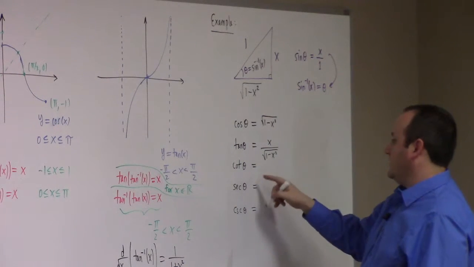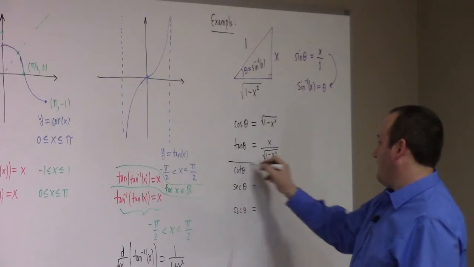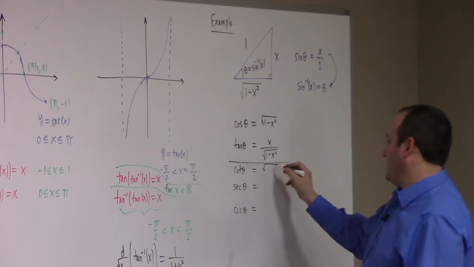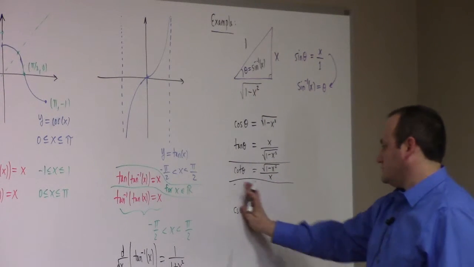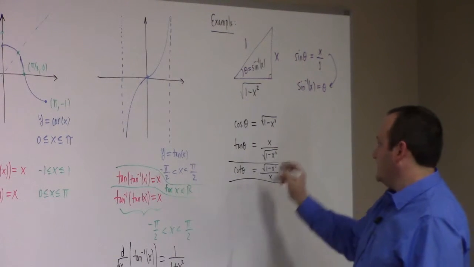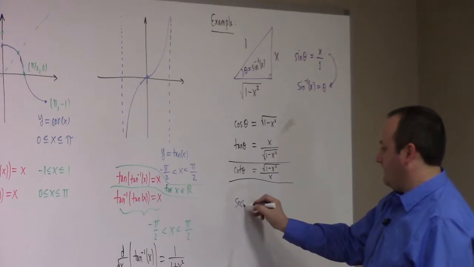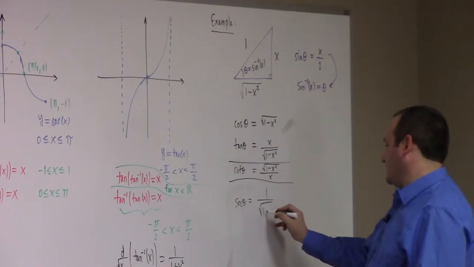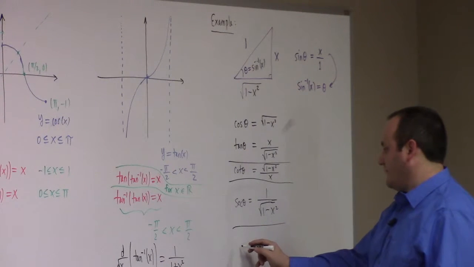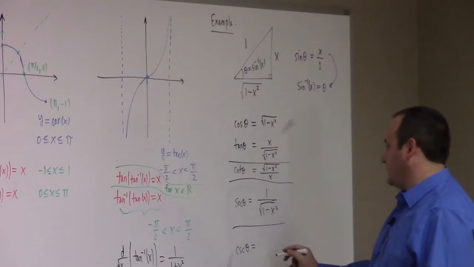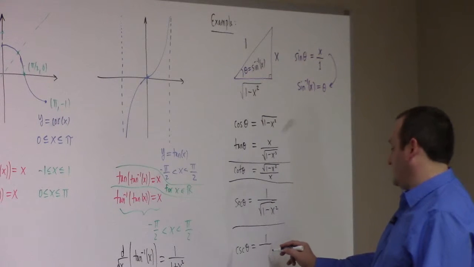Cotangent is what? Flip it over: the square root of 1 minus x squared, all divided by x. Secant theta is 1 over the square root of 1 minus x squared. And cosecant theta is 1 over sine theta. So that's 1 over, what is sine theta? It's x.